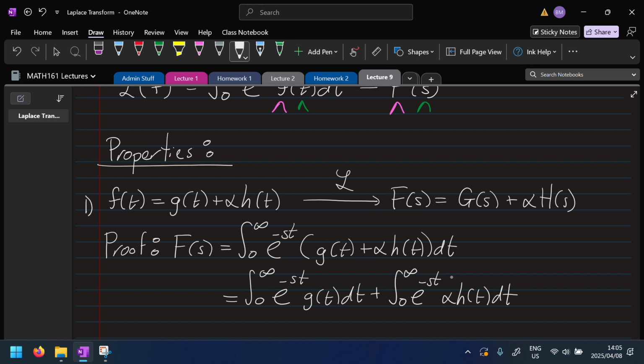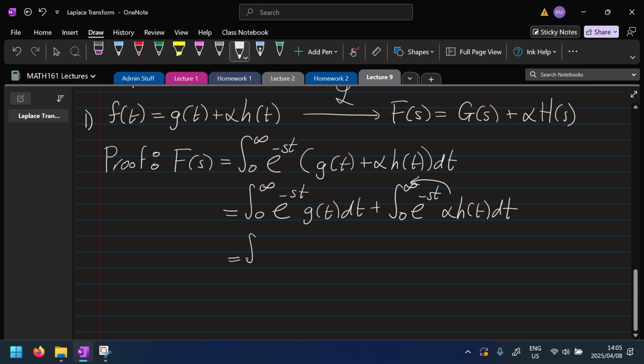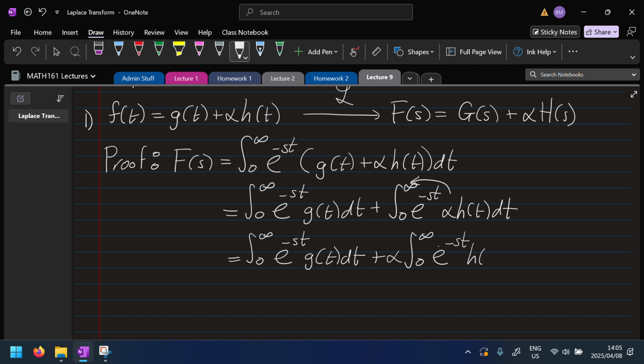But the alpha is just a constant, we can take that out. So this is going to be the integral from 0 to infinity e to the minus st g of t dt, plus alpha times the integral from 0 to infinity e to the minus st h of t dt.